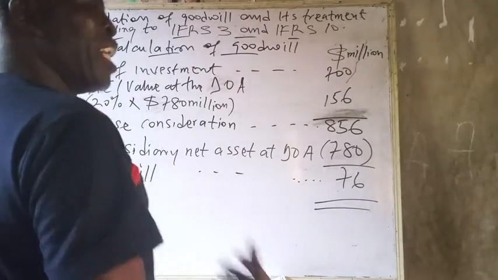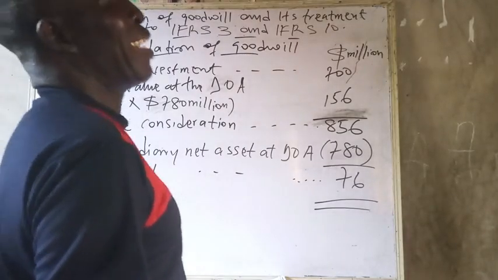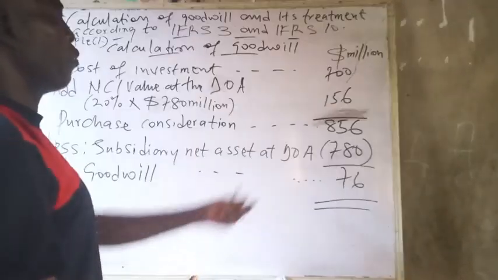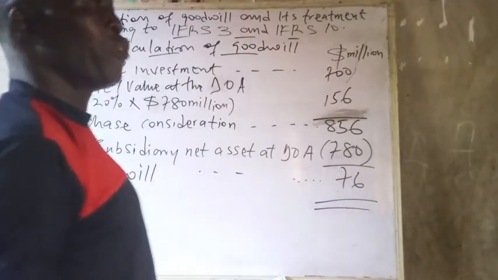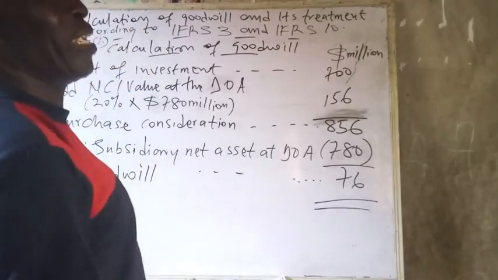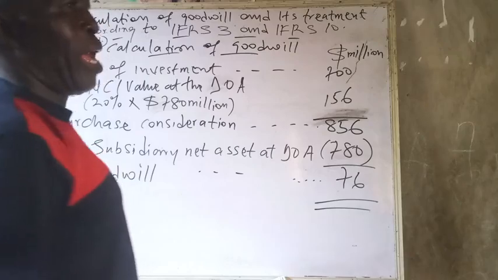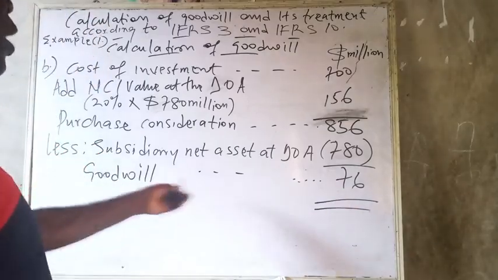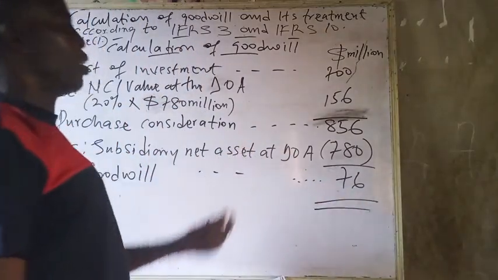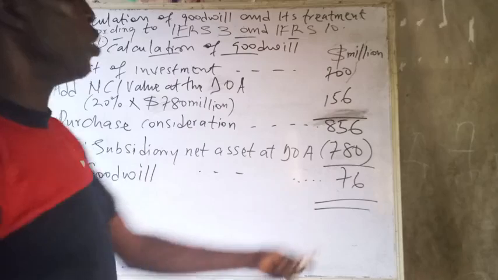There must be advantages you want to derive from the subsidiary company, for the synergy, for the combination of the business. There must be an edge that the subsidiary has over another company. So that is the goodwill.